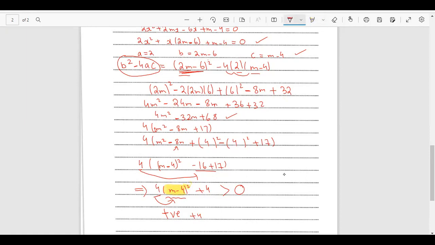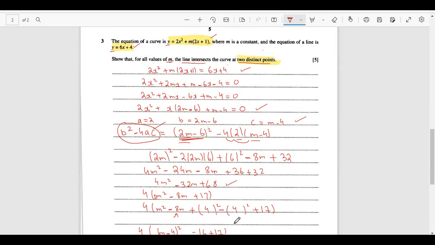So I know that 4 multiplied by a positive number is going to be positive, and when I will add it to positive 4, it would still be positive. And this is how I got that the discriminant b squared minus 4ac would be greater than 0. This is what I had to prove in order to show that the line and the curves would be intersecting at 2 points. Yes. Now tell me if you were able to understand this or not.